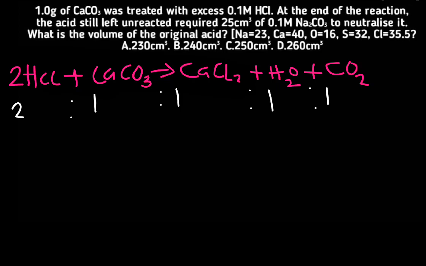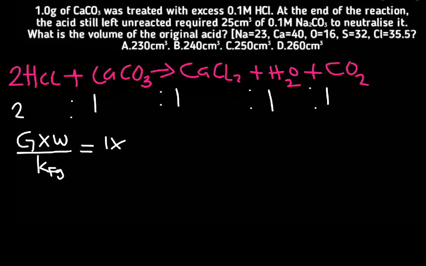In solving for the mole of HCl, we use the same relation, which is what is given times what we want over what we know from what is given. We're given 1 gram of calcium trioxocarbonate(IV). From our equation, we'll say 1 times what we want.